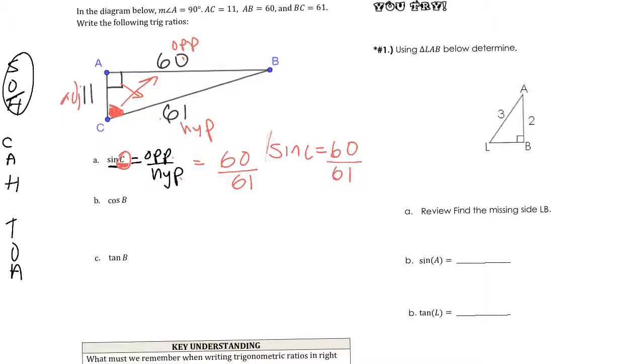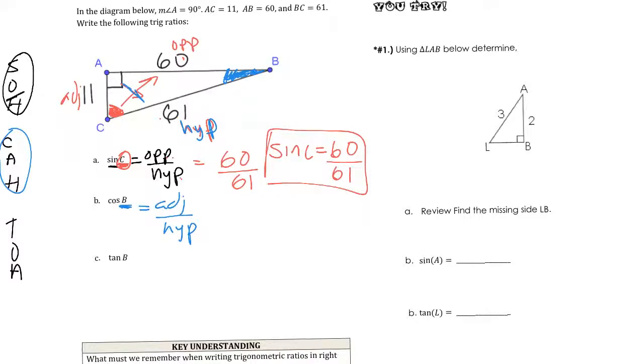So now I want to look at cosine of B. I'm changing my reference angle here really quick. Cosine is adjacent over hypotenuse. But I'm not looking at angle C anymore. I'm looking at angle B. So if I'm looking at this angle, my hypotenuse is still across from the 90. But my opposite side is across from this reference angle.